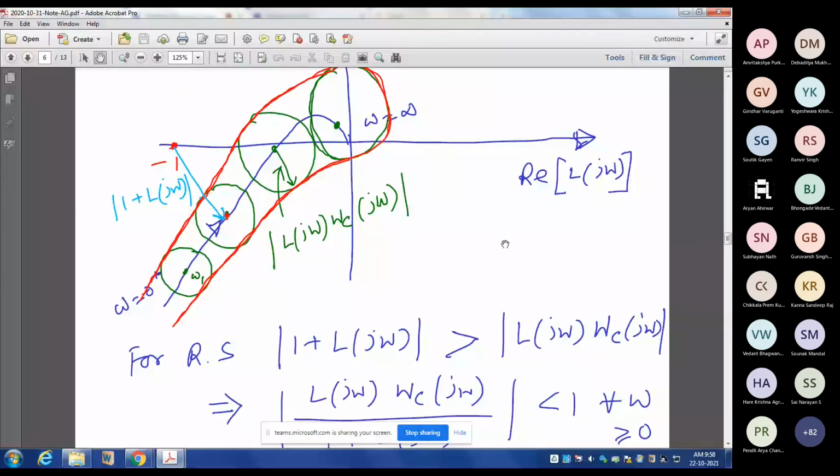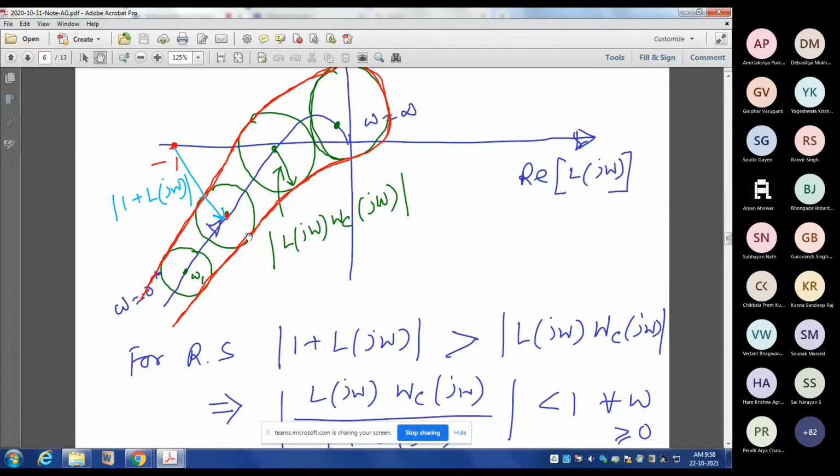Otherwise, if it is just equal, this point will touch the -1 point. So |1 + L(jω)| should be greater than the radius of the disc, that is, greater than |L(jω)| |WC(jω)|, because L(jω) times WC(jω) is the radius of this disc.